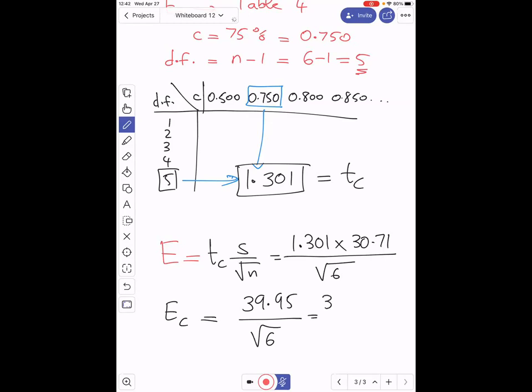So 39.95 over square root of 6, and the answer is actually 16.30, I think.